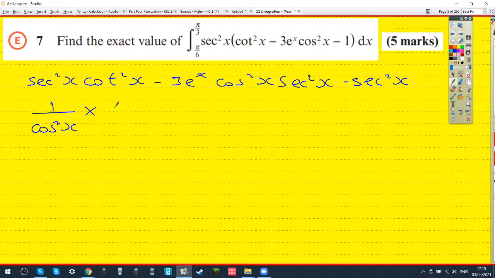So tan is sine over cos, and so cot. Cot is the reciprocal of tan?